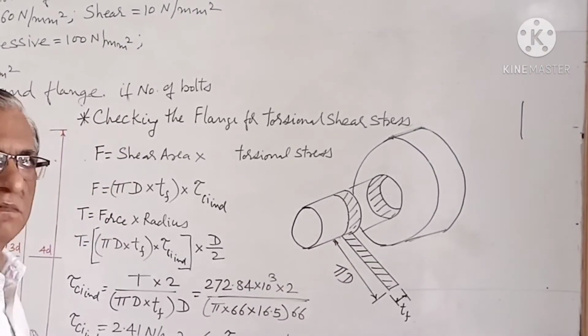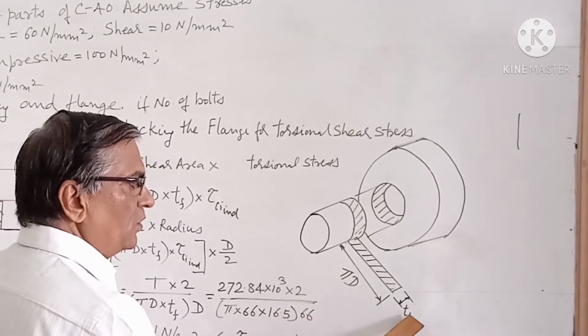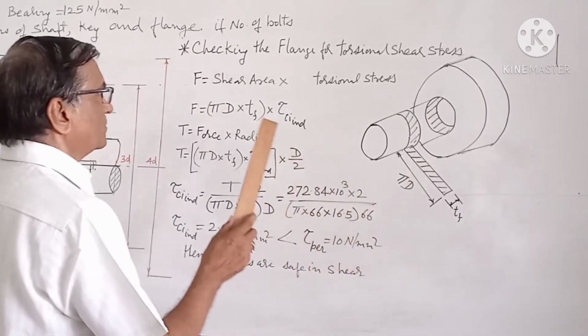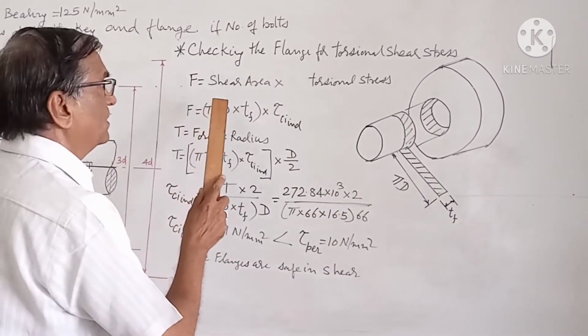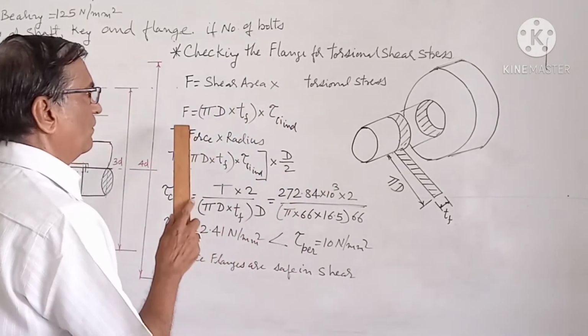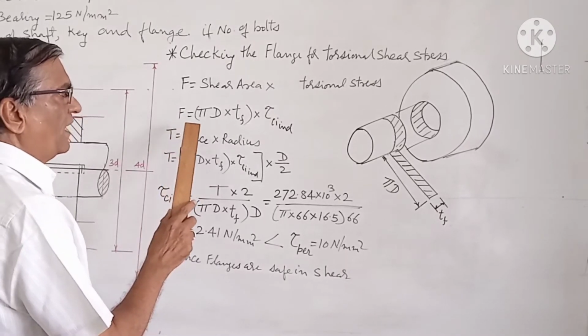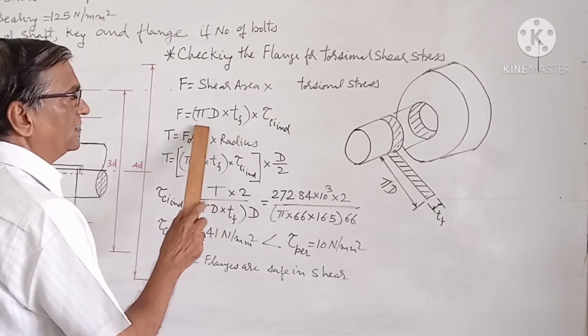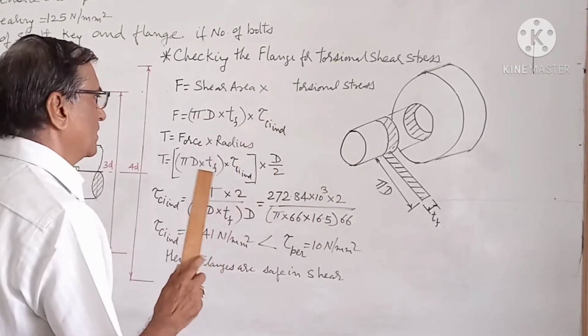So resisting shear area is given by pi d into Tf. Now the shear force is given by shear area into torsional stress, where F is the shear force. F is given by pi d into Tf, this is the shear area, into tau induced.